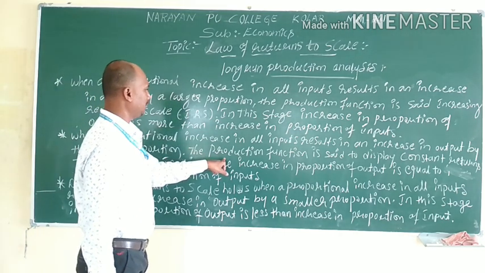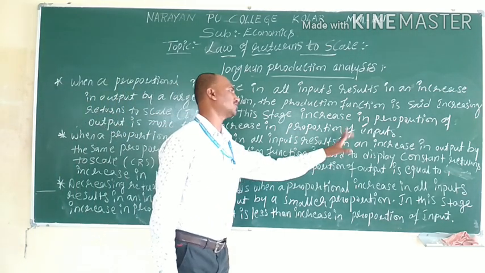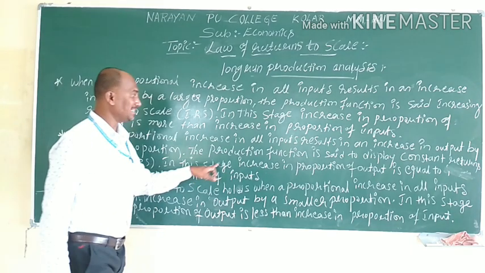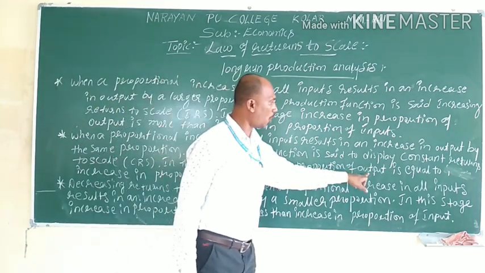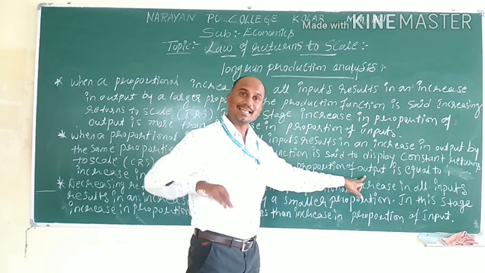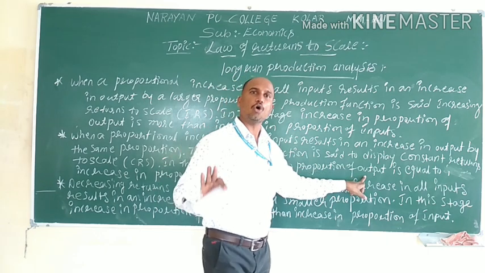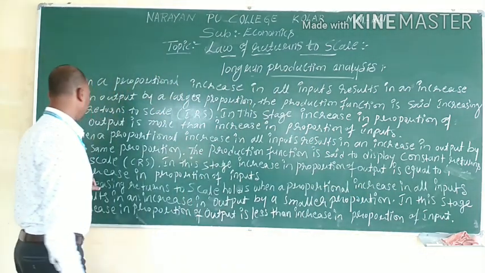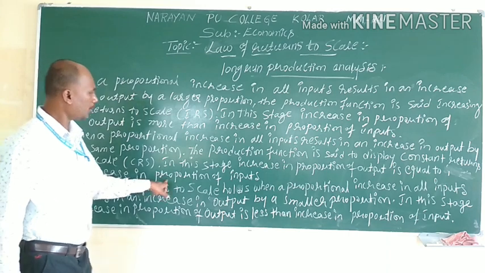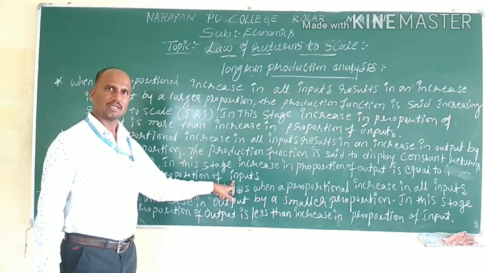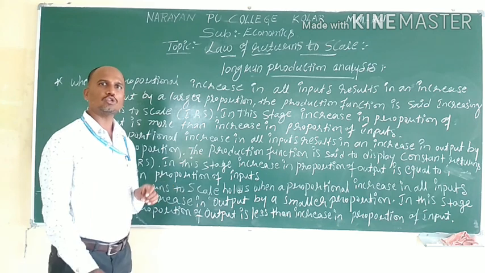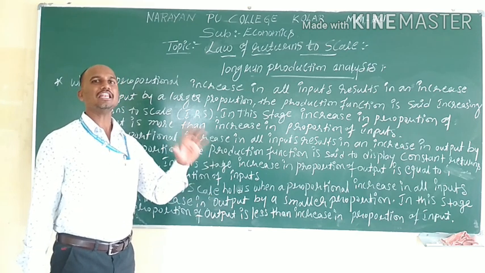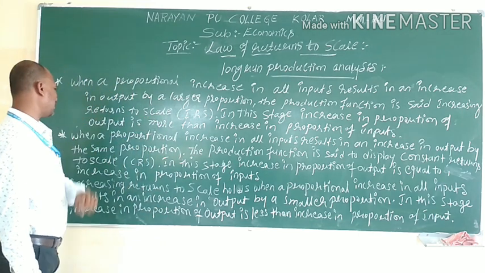The production function is then called constant returns to scale. Note this point: in this stage, the percentage increase in output is exactly equal to the increase in the proportion of input, under constant returns to scale.